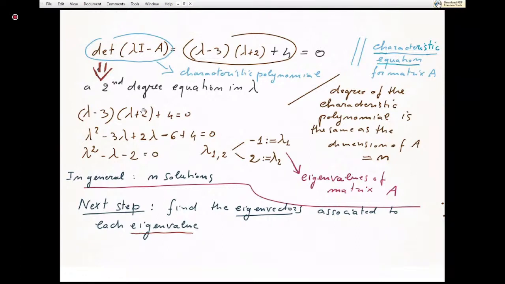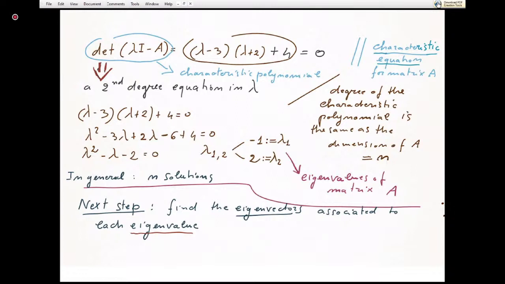So we write this in standard form, lambda squared minus lambda minus 2 equal to 0. Apply the usual solution formula. It has two roots, minus 1 and 2. Okay, so these minus 1 and 2 are the eigenvalues of matrix A. By the way, in the introductory example, we explored the case of minus 1, and we found one eigenvalue.